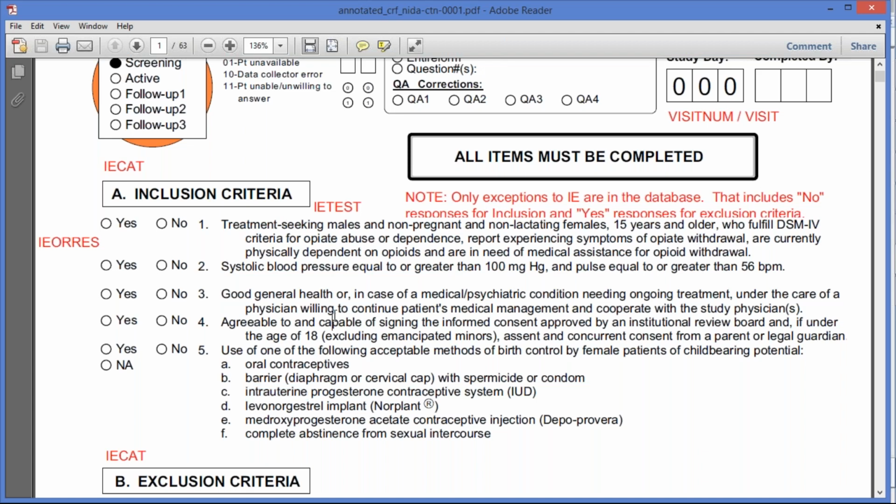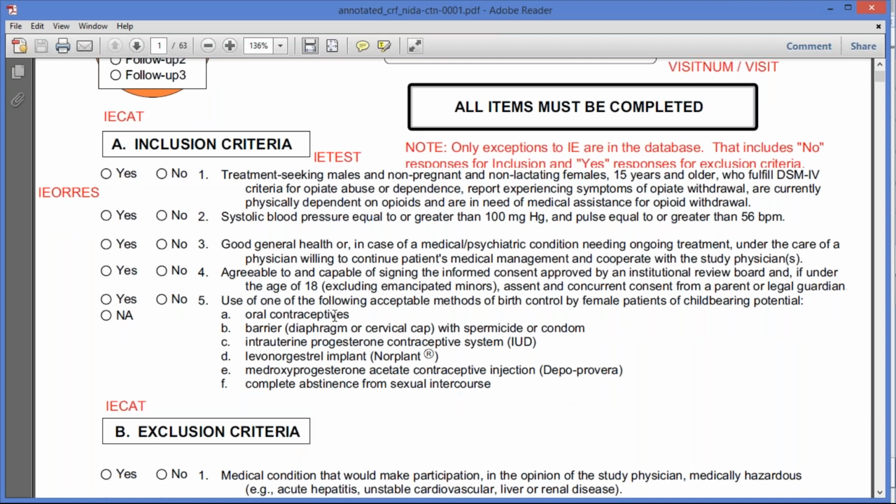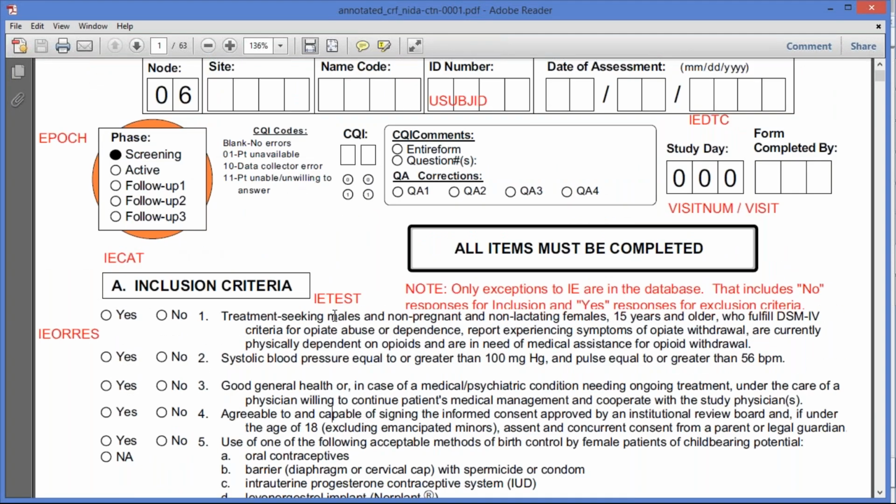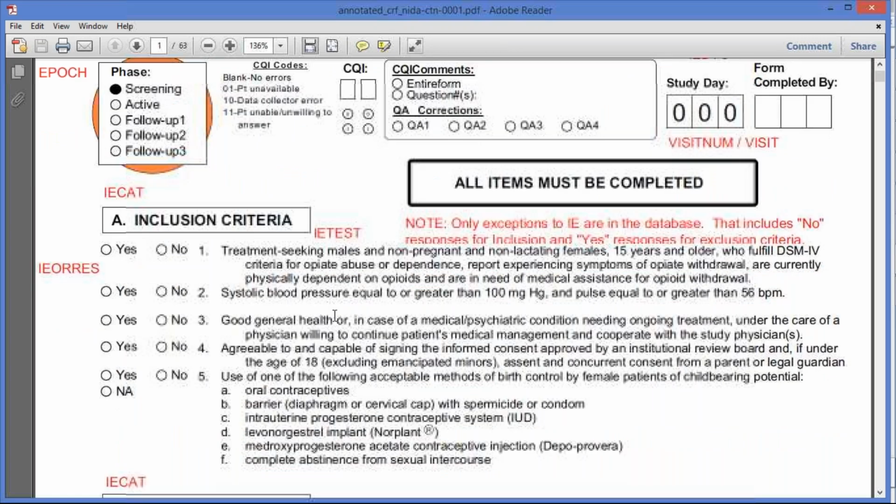So like this, it is study specific because we are using this drug here to treat the patients who are facing withdrawal symptoms after opioid withdrawal. But it depends upon the study.